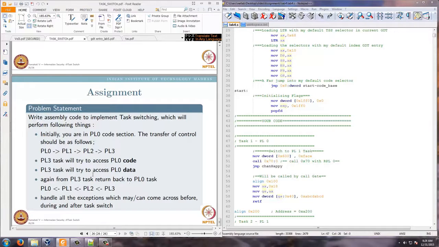There is a stack switch that is happening, which I had explained, and that is very, very important from the point of protection. And then we will sum up with all these things so that we have a full understanding of what is happening in this whole step. Right. So with this as the background, let us start looking at the code.